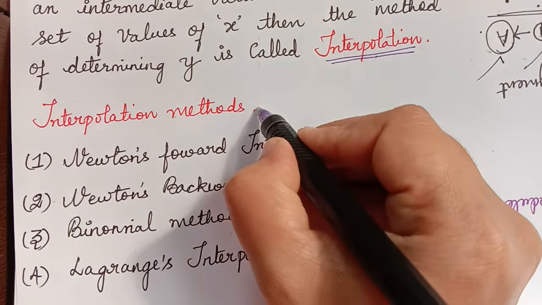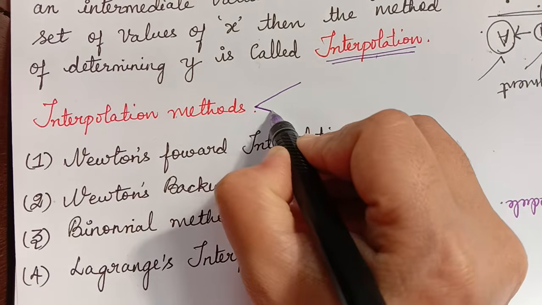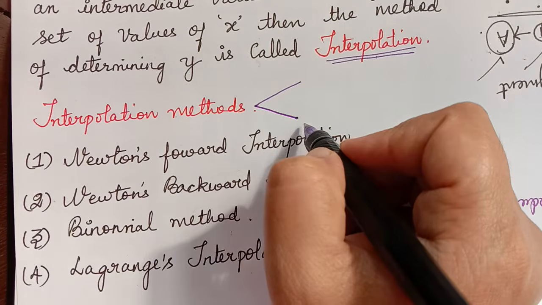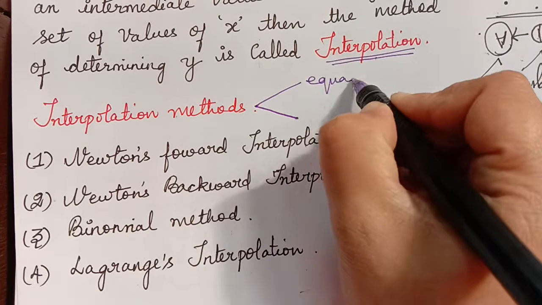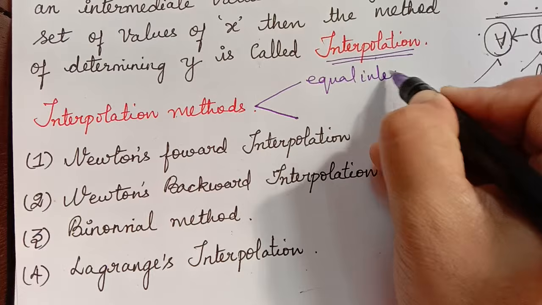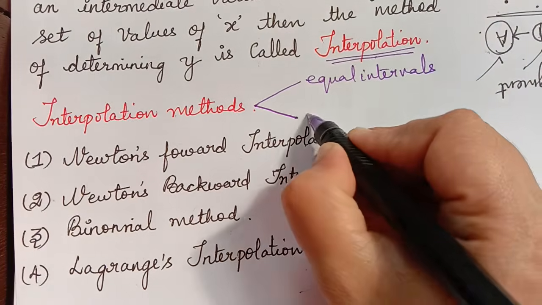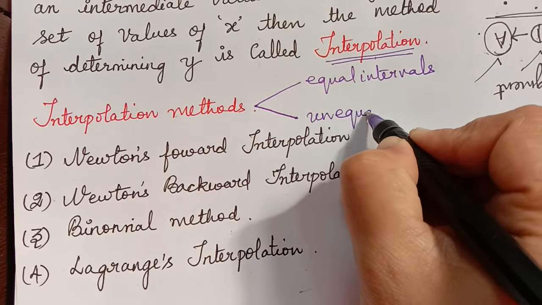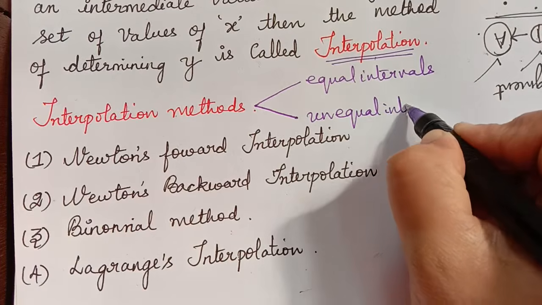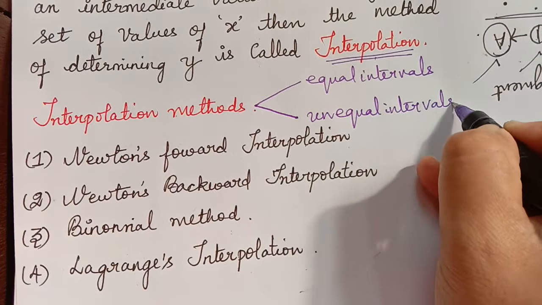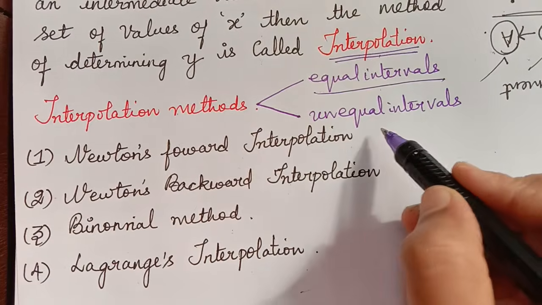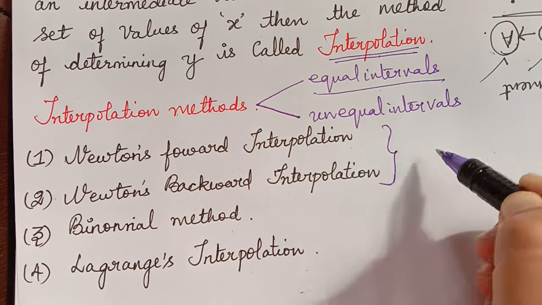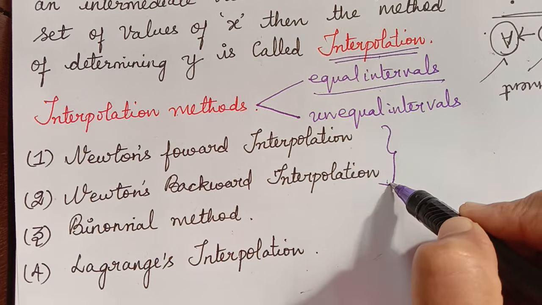Now in interpolation, the values of x may be at equidistant or they may not be equal. That is, they may be at equal intervals or at unequal intervals. Whenever the values of x are placed at equal intervals, we will be using either Newton's forward or Newton's backward interpolation.